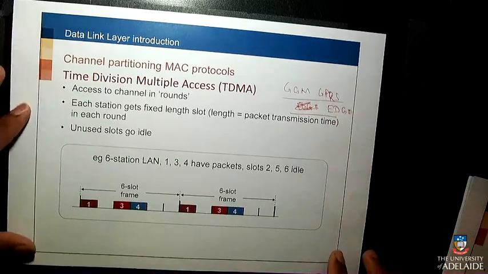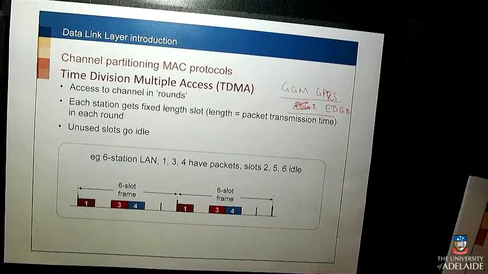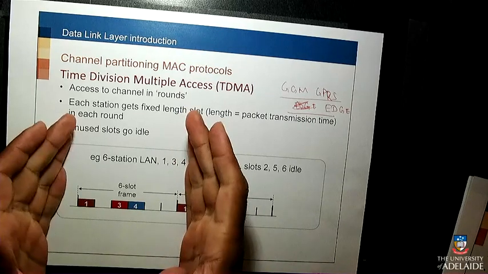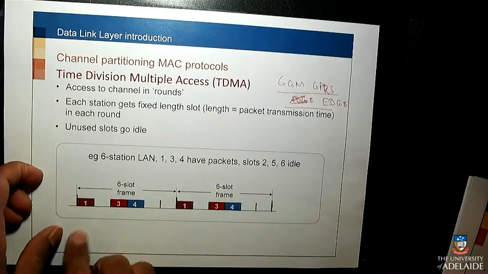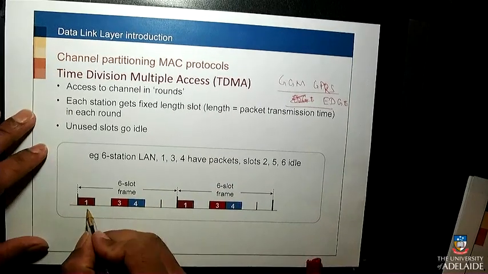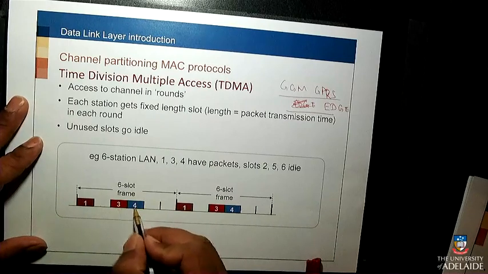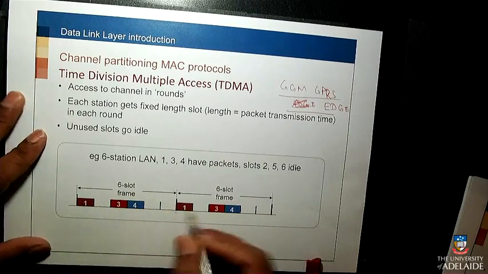So the idea with GSM is you have slots, and a slot is divided into a fixed time of something like 200, 300 microseconds. Each slot has fixed time intervals, and you allocate one time interval to a user. So this is user 1, user 2, user 3, user 4, user 5, user 6, and then the slot repeats again.